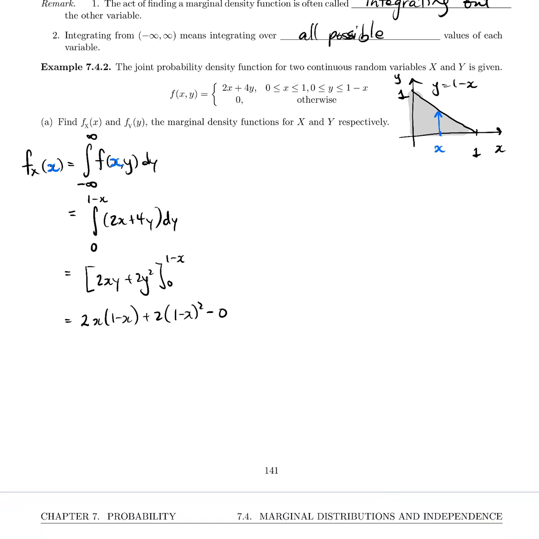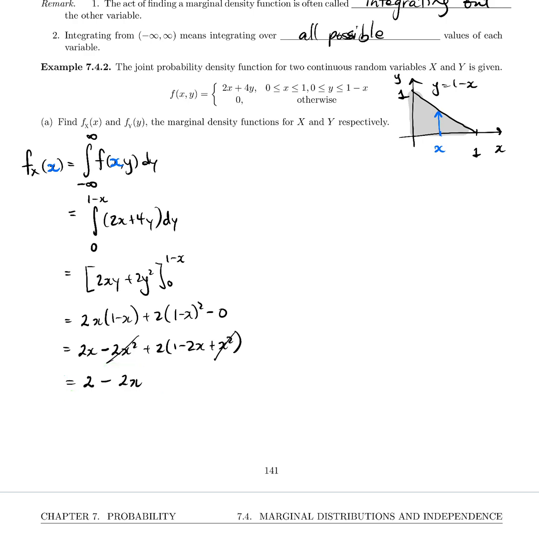If we simplify, what are we going to get here? 2x minus 2x squared plus 2 times (1 minus 2x plus x squared). Those 2x squared terms are going to cancel. I have 2 times 1 is 2, and then this 2x and a minus 4x, so 2 minus 2x. Now that is not the full answer. That is only the part where the density is non-zero.